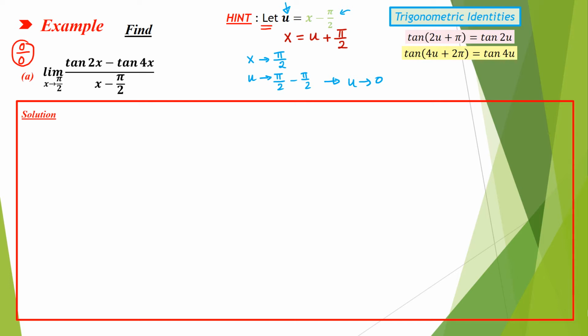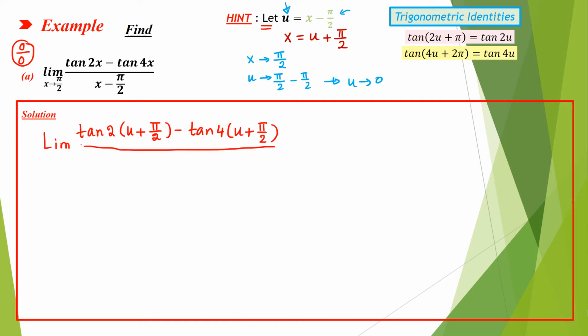So we will write the limit again. Our limit is the limit of tan 2x, but x equals u plus pi over 2, minus tan 4x, which is tan 4 multiplied by (u plus pi over 2), all divided by x minus pi over 2, which is u, when u goes to 0.